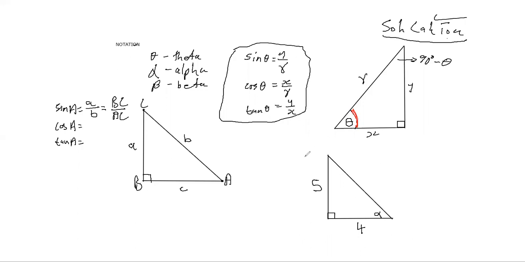Now, when a triangle is given like this, you've got to ask yourself, here is my angle alpha. So which ratio, sine of alpha, cos of alpha, or tan of alpha, links this side and that side? That's what you've got to ask yourself. Remember, the lazy mathematician does not want to do a lot of work.